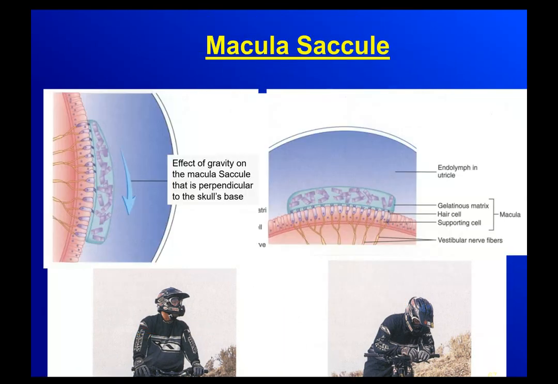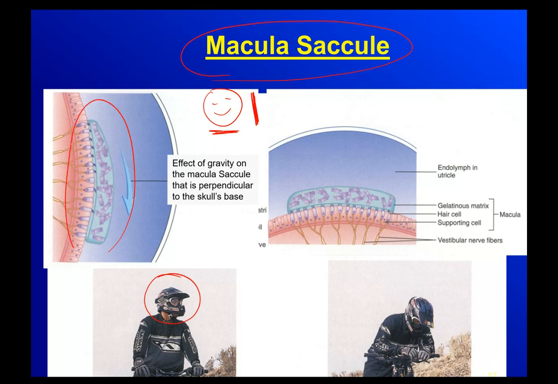Now, the macula saccule. Remember that with the macula saccule, here's the base of your skull. This is this way. It's perpendicular to that. It's not in the same direction. So if your skull is facing up, this is already going to be bent because it's sitting up like this.